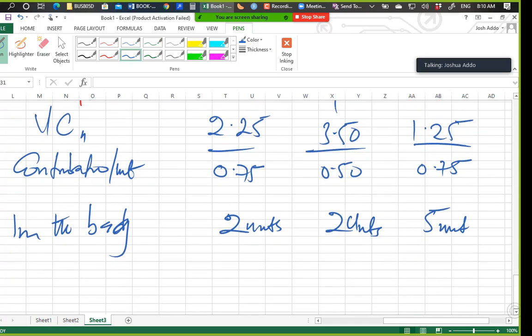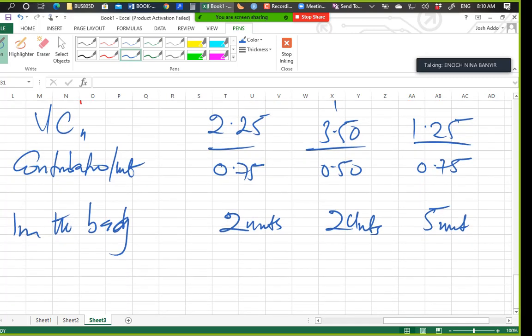So if you want to know the contribution in the bag, it is the contribution for one zoo multiplied by the number of units, then we get the total contribution attached to zoo in the bag.